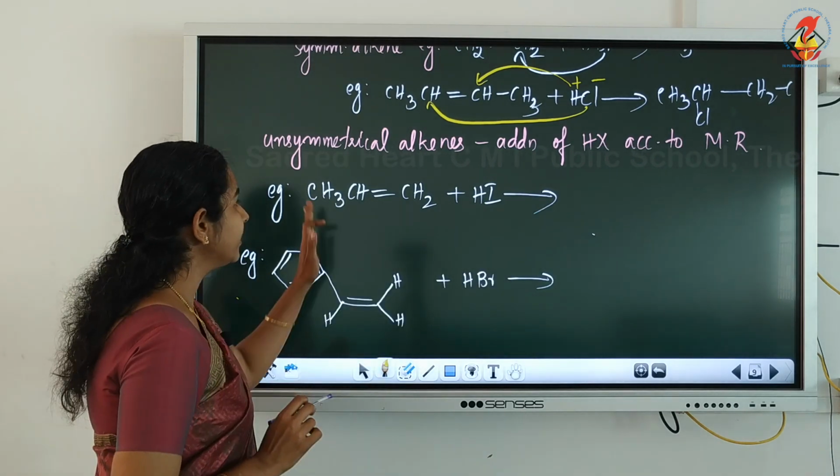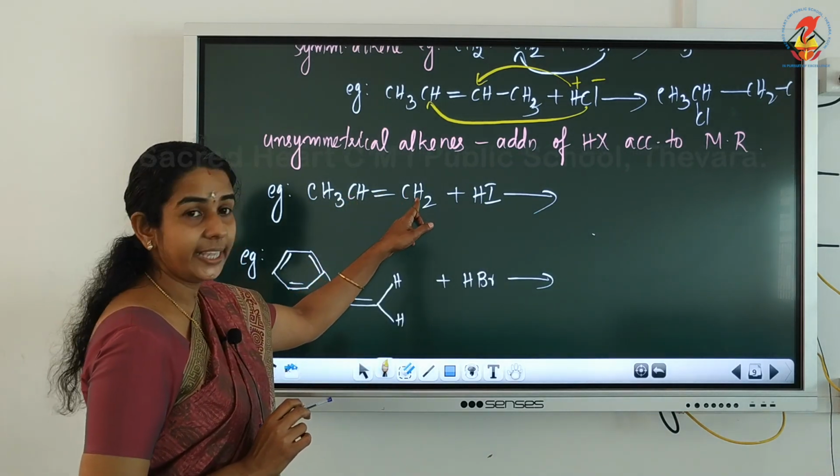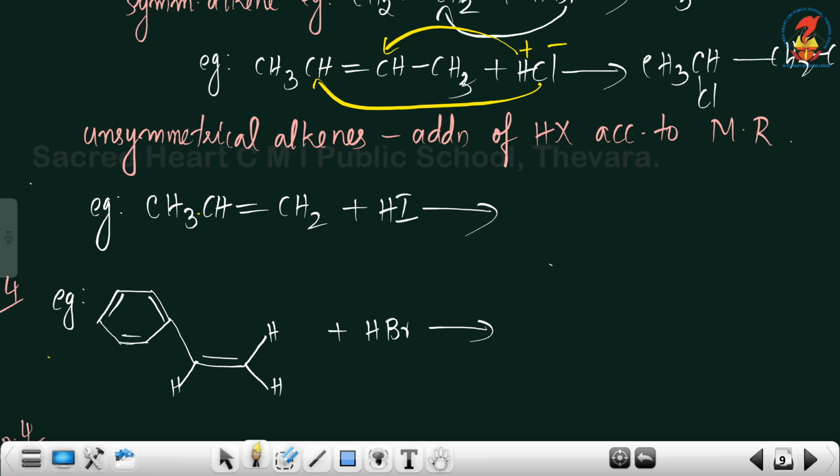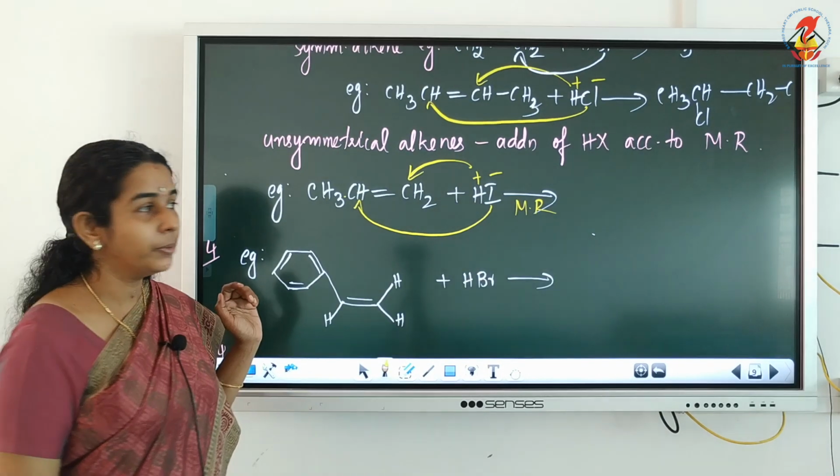See the first example, CH3-CH=CH2. Here it is not a symmetrical alkene, it is an unsymmetrical alkene. Now HI on ionization gives H+ and I-. We have to add according to Markovnikov's rule, so the negative part should be attached to the carbon with fewer hydrogens and the positive part to the carbon with more hydrogens.